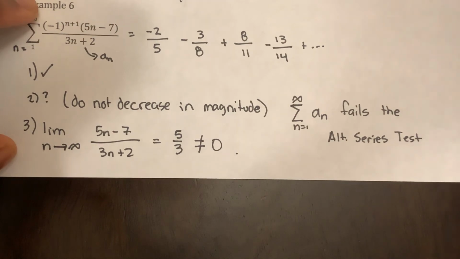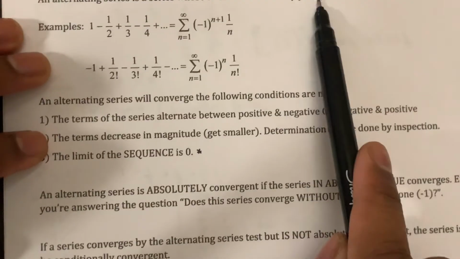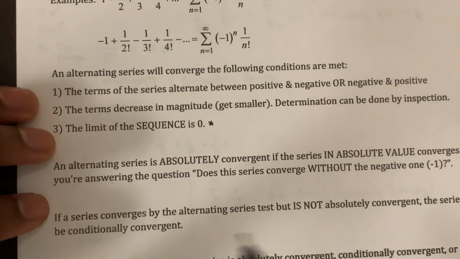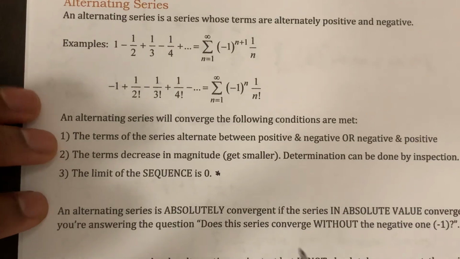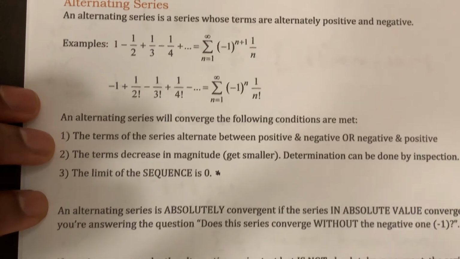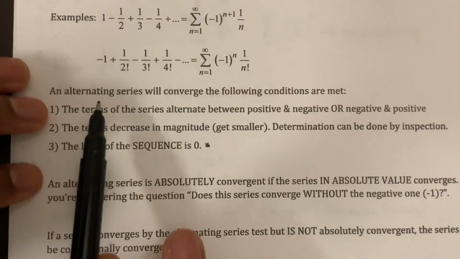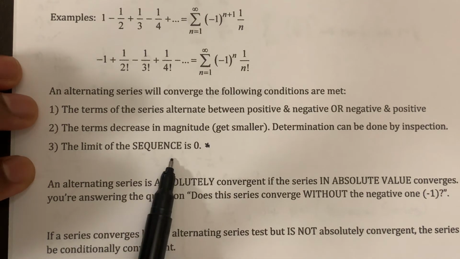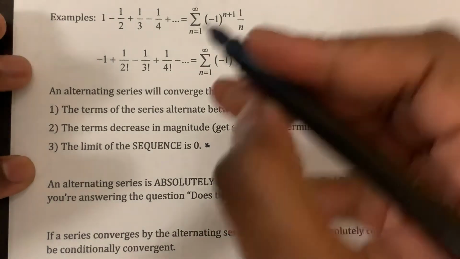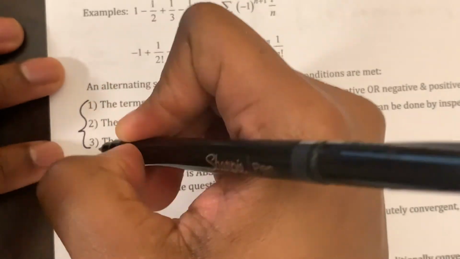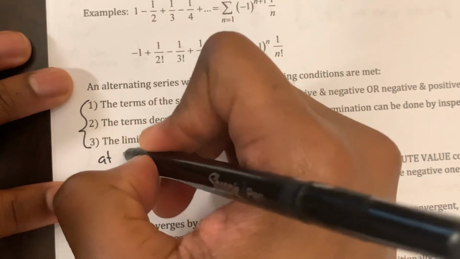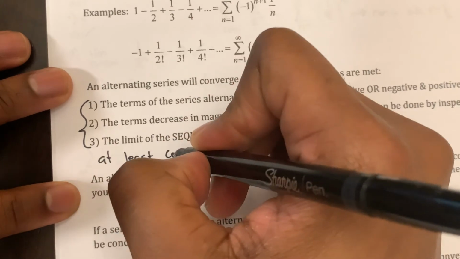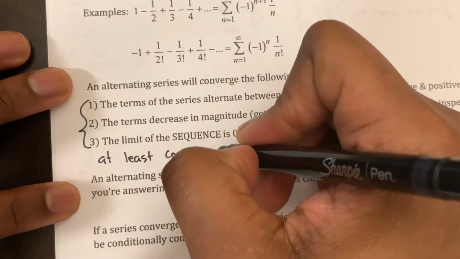So to recap, an alternating series is a series in which the terms ultimately alternate between positive and negative. Ignore the first handful of terms if they don't alternate signs, but ultimately if they do, it's going to be at least an alternating series. And then the terms have to decrease in magnitude and the limit of the sequence has to be 0. If that's true, these three conditions imply at least conditional convergence.